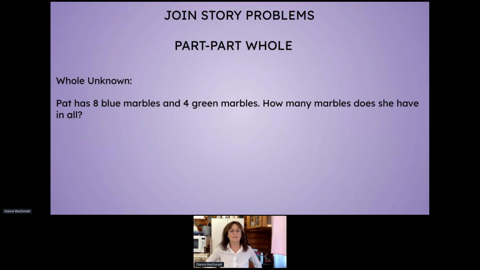And here are the join story problems for part-whole. I'll just hold this up. Not sure if you can see this, but that's what I'd recommend.